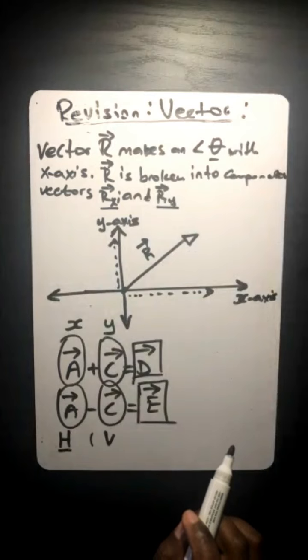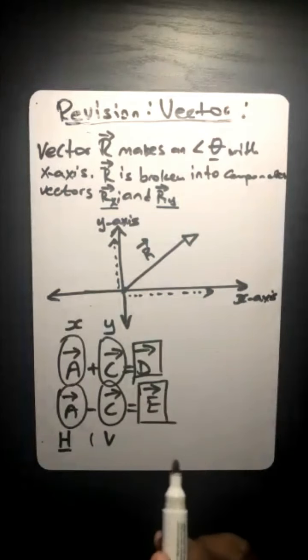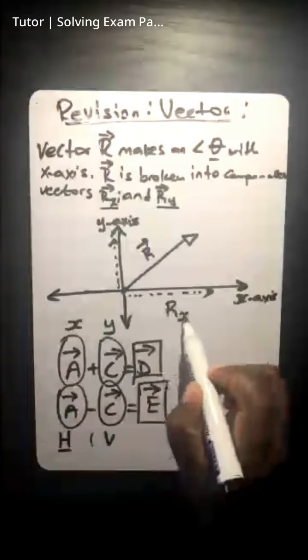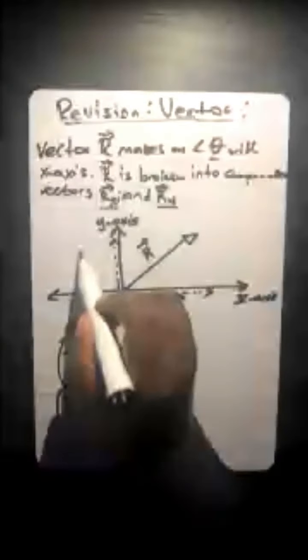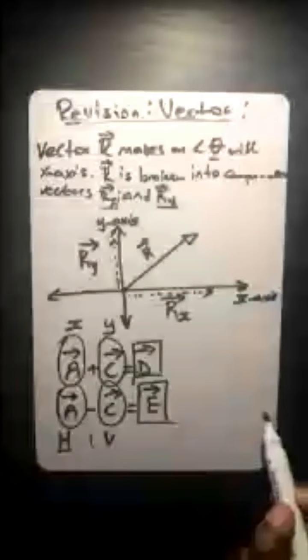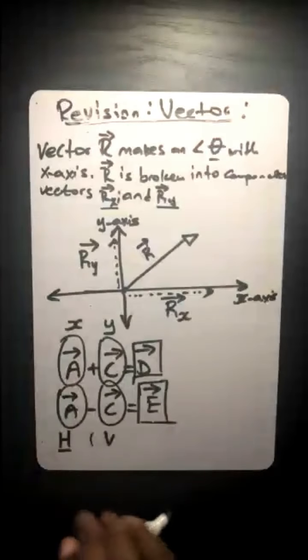The one to the right will be the horizontal component, and the one along the y-axis will be the vertical component. So in summary, this one is going to be the Rx component, and then the vertical one is going to be the Ry component. Nothing complicated, guys. It's as easy as it seems.